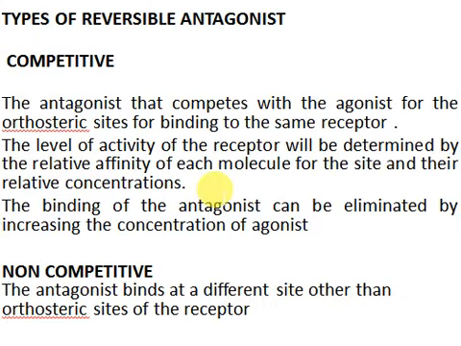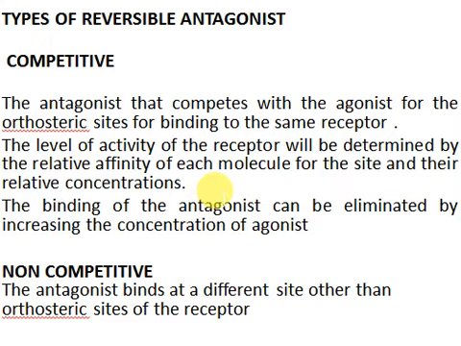Let's consider a situation where your antagonist wins and gets bound to the receptor site. You can remove that antagonist simply by increasing the concentration of the agonist, because the antagonist is binding reversibly. So if you increase the concentration of the agonist, it can displace that antagonist.